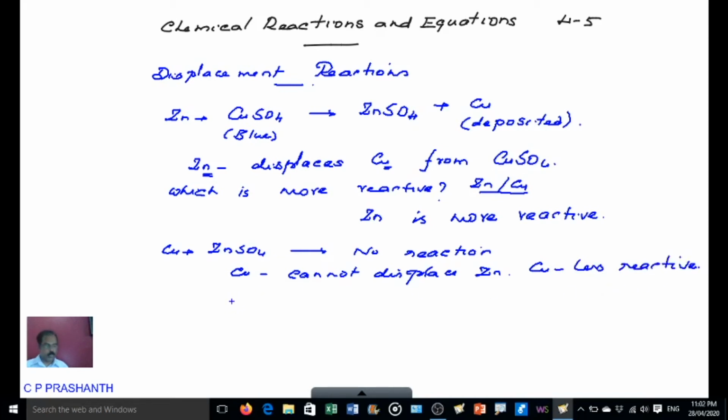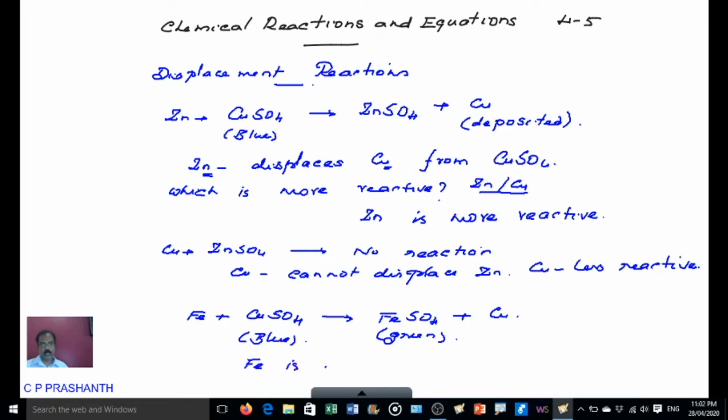In the same way we have seen another reaction where iron is treated with copper sulfate. So here again you observed the changes. We got ferrous sulfate, that is why the solution became green in color. Copper sulfate was blue in color. After the reaction, you must have observed this. So the solution became green because copper sulfate got converted into ferrous sulfate, FeSO4.